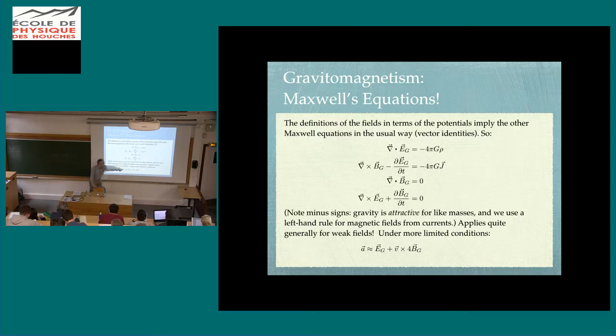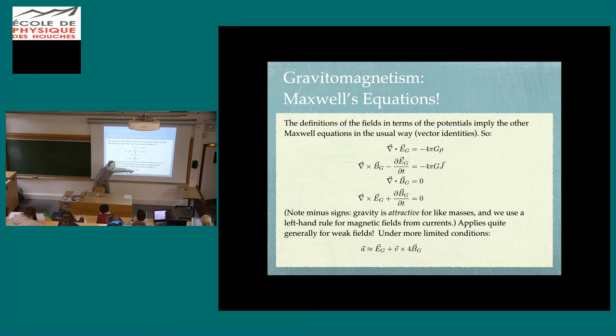Now, the conditions that this applies are much more limited than these. This only requires that the field be weak. But this requires the time derivatives be small, that whatever particles in your source are not moving very fast compared to the speed of light, things like that.